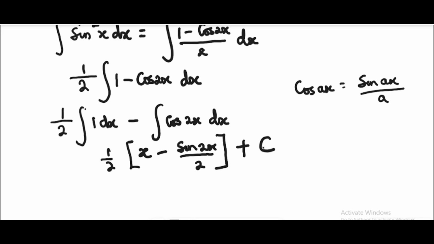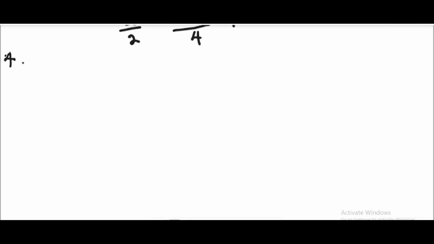Moving further to the fourth question, we have the integral of 3x over x squared minus 1. Okay, let me use this question to explain something. Whenever you have integration that has to do with fractions, let me tell you the first thing that should come to your mind.